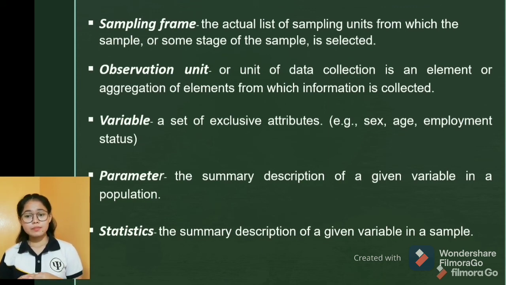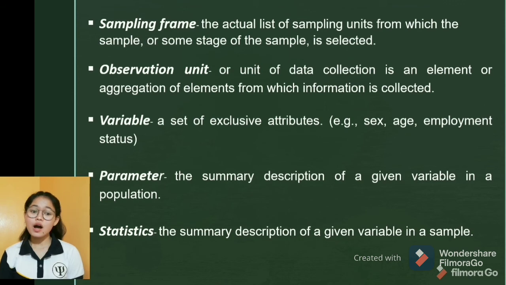Having been permitted by the school principal, I scan the students' grading sheets. So the grading sheets there are the sampling frame. You understand? Grading sheets, because the grading sheets include the actual list of the sampling units.